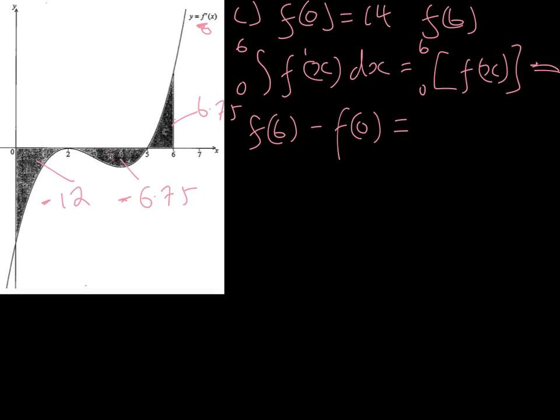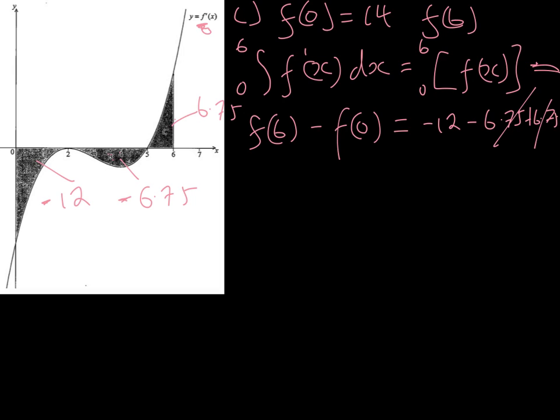Because we're not taking the modulus, the difference between f of 6 and f of 0 would be negative 12 minus 6.75 plus 6.75.